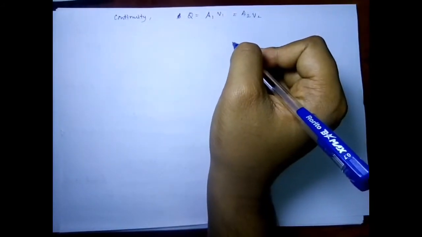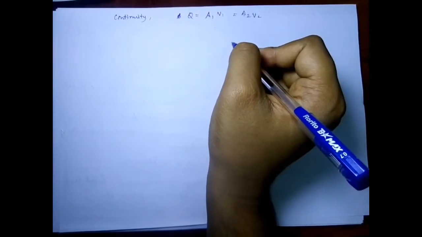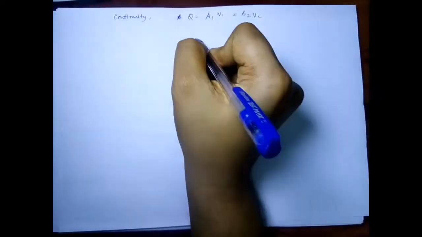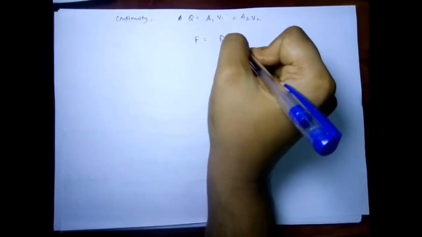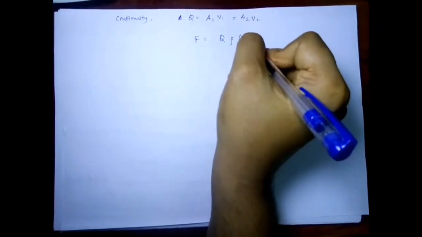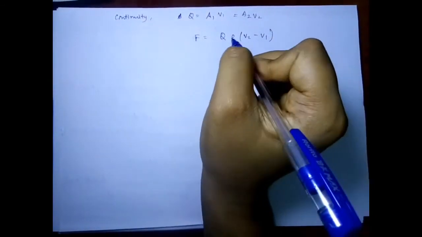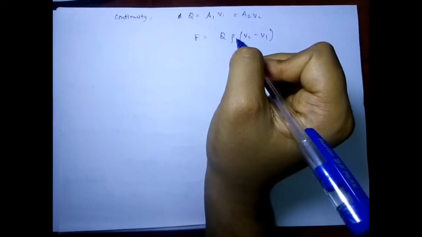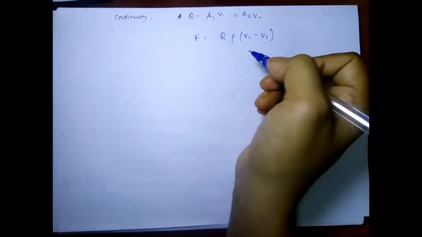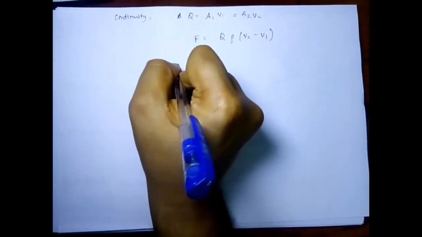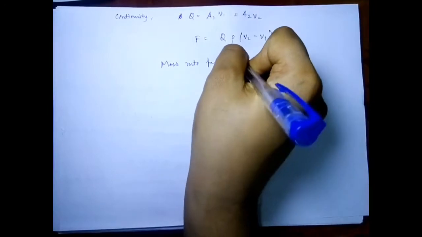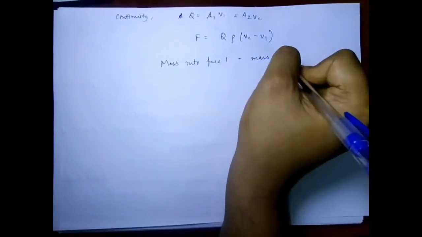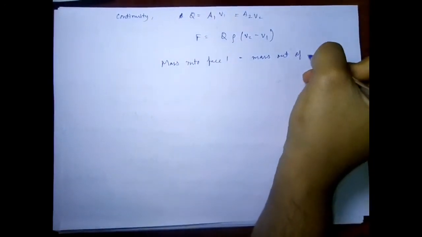So you can say the force that will be applied is equal to the discharge times density times V2 minus V1, and therefore the mass into phase 1 is equal to the mass out of phase 2.